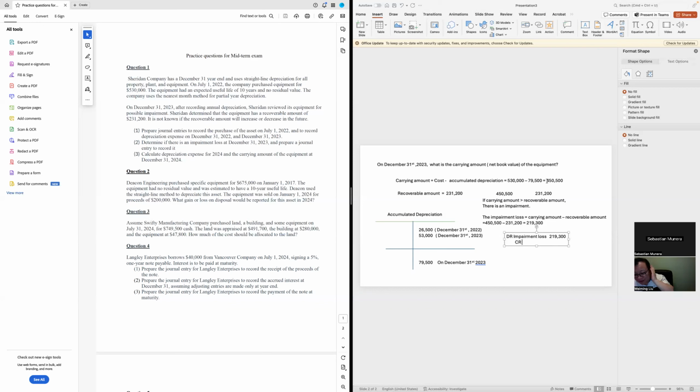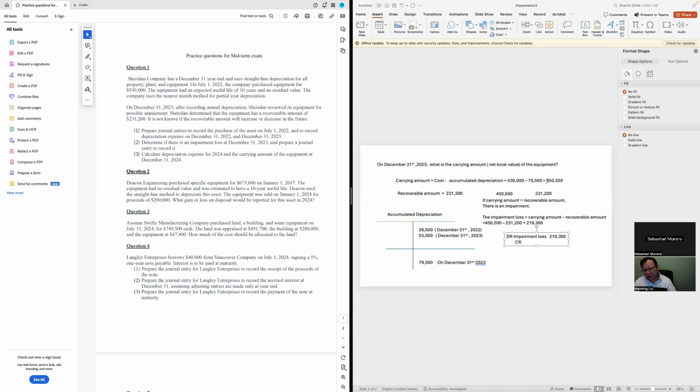The difference is the impairment loss, so I have to reduce my carrying amount to equal the recoverable amount. Carrying amount equals cost minus cumulative depreciation, and we need to decrease the carrying amount.